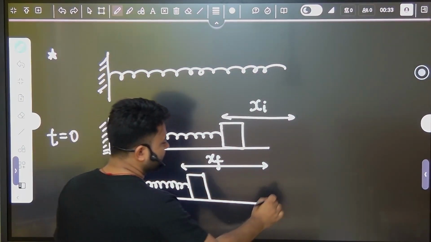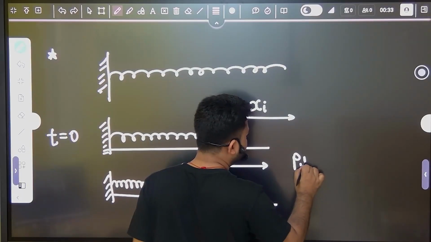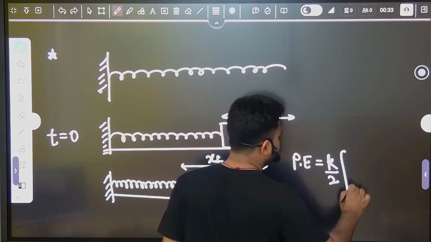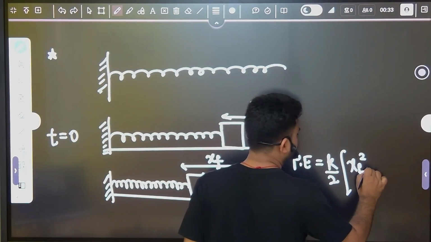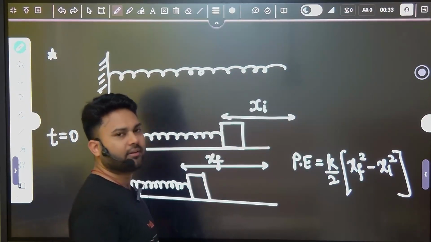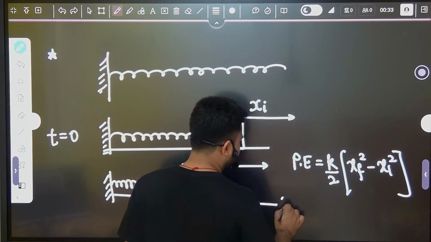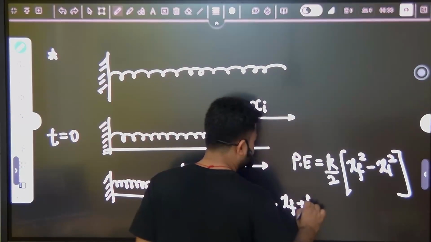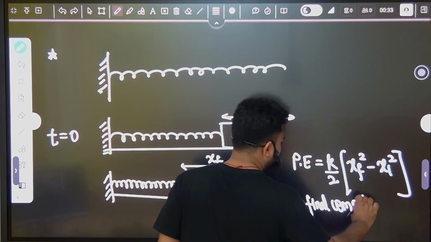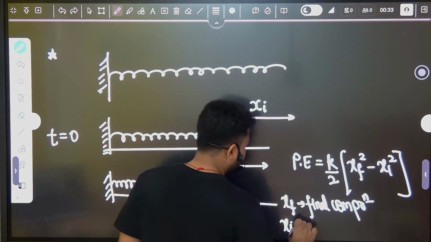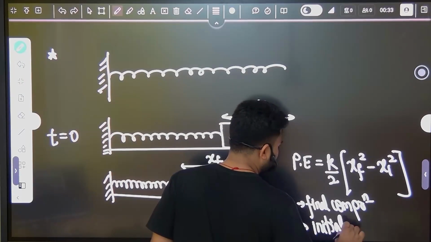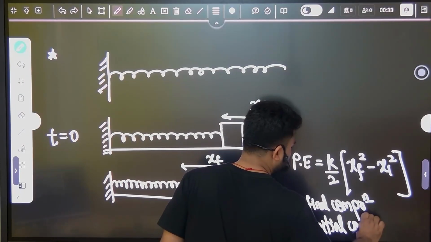So the potential energy stored in the spring formula is k by 2 times x final square minus x initial square. Correct? Where x final is final compression and x initial is initial compression or elongation, whatever is given in the question.